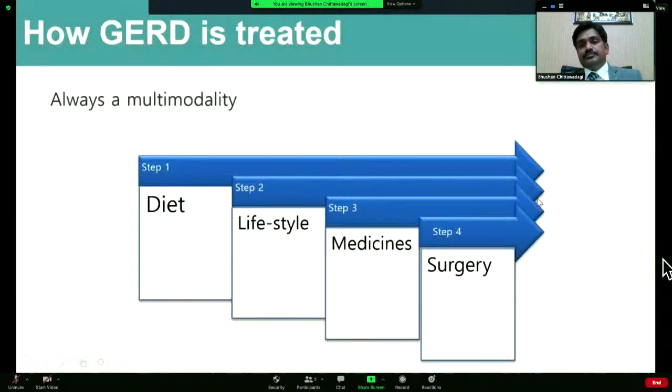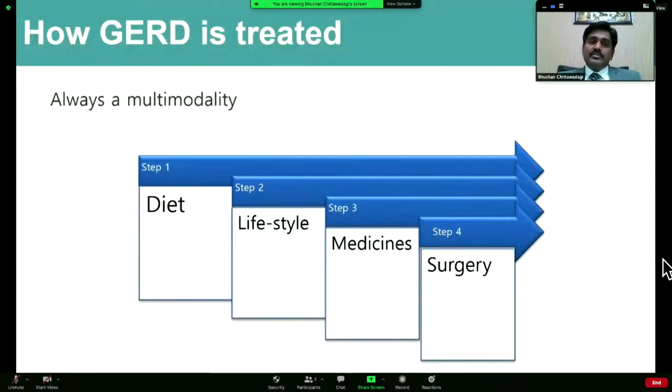Moving ahead, I'll now briefly cover treatment. In reflux disease, the treatment is never just with the doctor. I expect my patients to be more cooperative, because the two most important components of reflux treatment are diet and lifestyle changes.